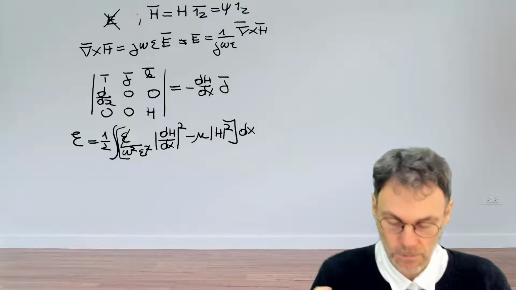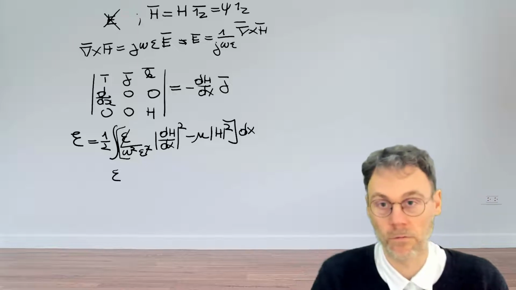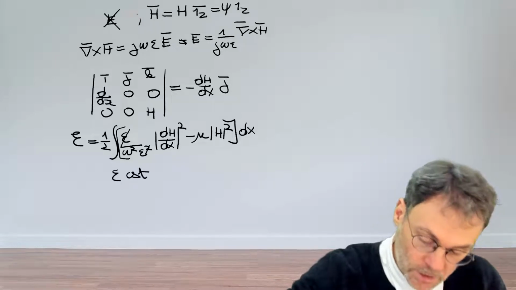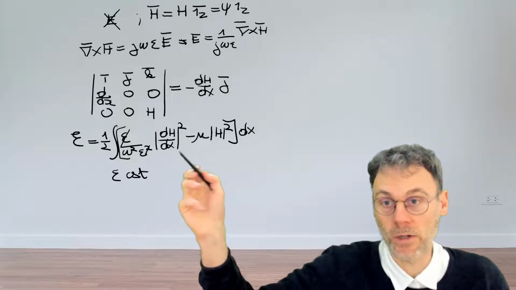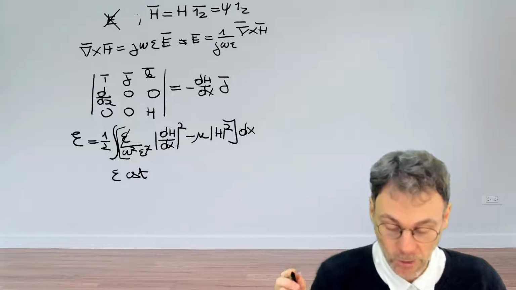Almost there. Let's remind ourselves that we're working in a situation for this simple demonstration where epsilon is constant over the entire domain. So if we're looking for situations where the energy is minimized, then we can just as well multiply that energy with a constant.